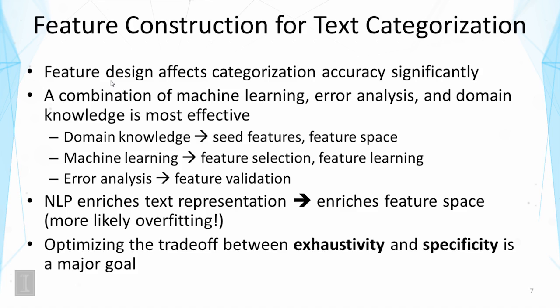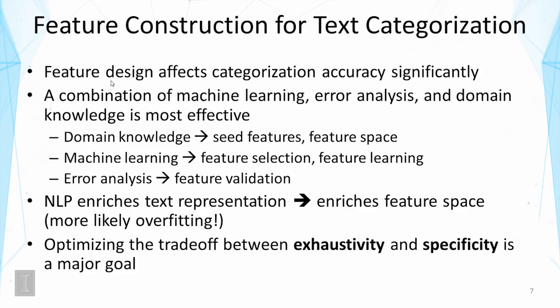In general, I think it will be most effective if you can combine machine learning, error analysis, and domain knowledge in designing features. So first, you want to use domain knowledge, your understanding of the problem, to design seed features. And you can also define a basic feature space with a lot of possible features for the machine learning program to work on. And machine learning can be applied to select the most effective features or construct new features.